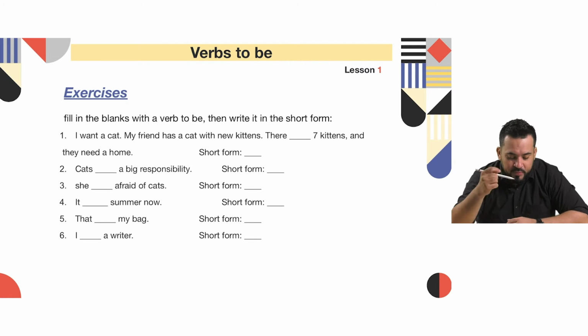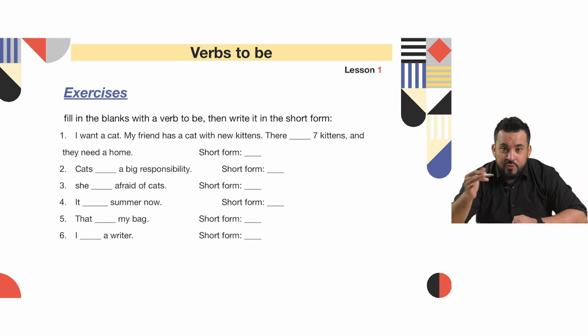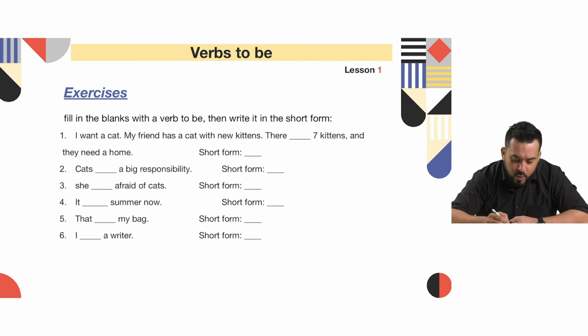Now, let's see. Fill in the blanks with a verb to be, then write in the short form. Okay, so first we need to figure out which verb to be to use. Then we need to use the contracted form, or the short form of the verb. All right, we'll do this together. I want a cat. My friend has a cat with new kittens.